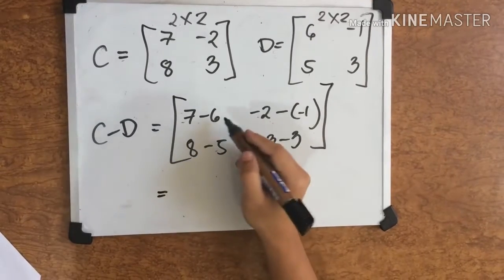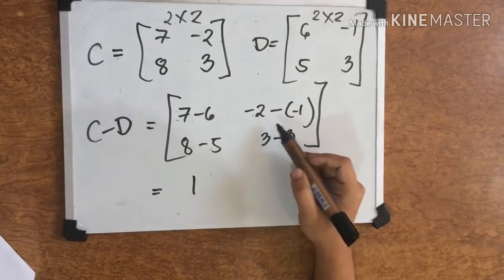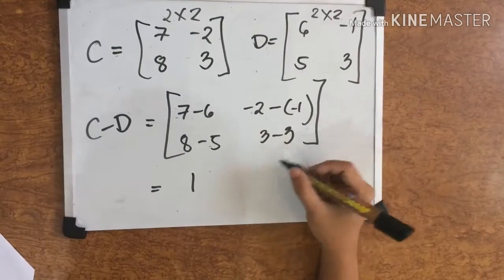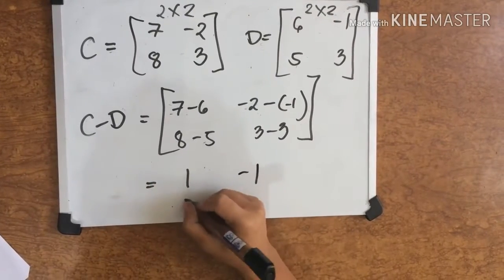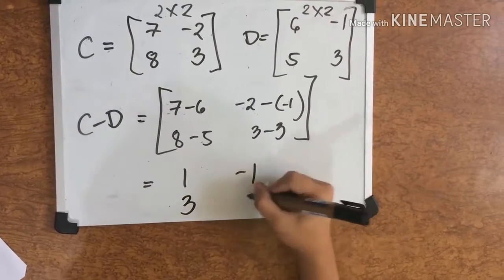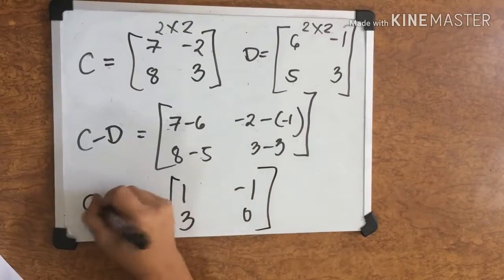So 7 minus 6 is 1 and -2 minus -1 is -1. And 8 minus 5 is 3, and 3 minus 3 is 0. So that is our answer.